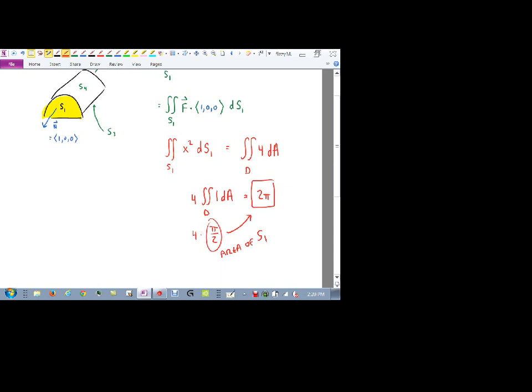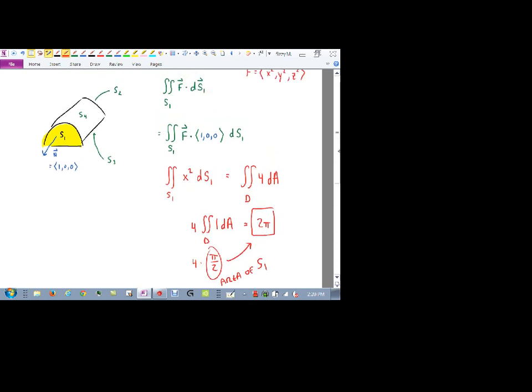Okay, can anyone tell me about S2? It's 0. Exactly. Now let's see why it's 0. On S2, if we want the flux over S2 of F dS2, we need the normal. The normal coming off S2, going backwards here, was negative 1, 0, 0.